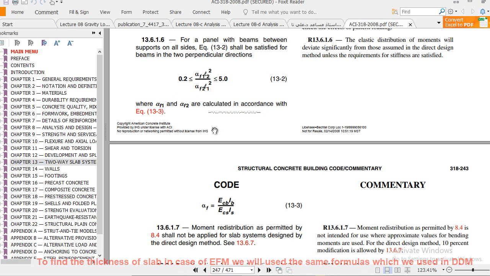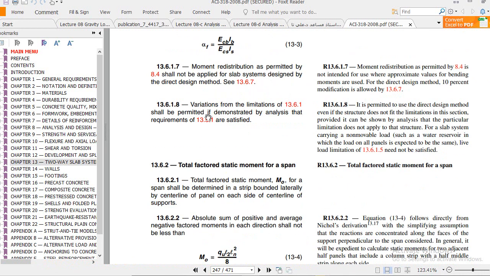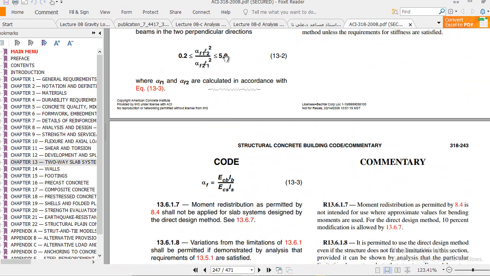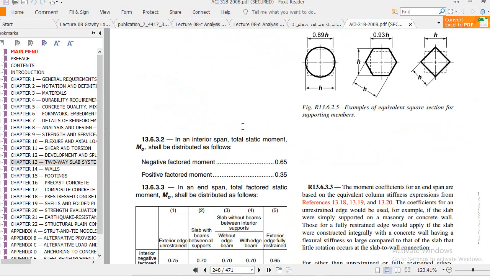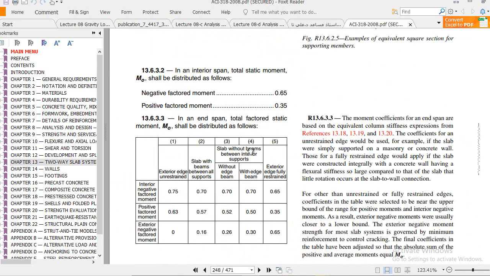Remember, these alpha factors will be used when the slab system is supported by beams. I already explained these limitations, and in today's lecture you will see how to use them. I am not explaining the alpha factors and what they mean today, because I already explained these factors and coefficients in the DDM method.